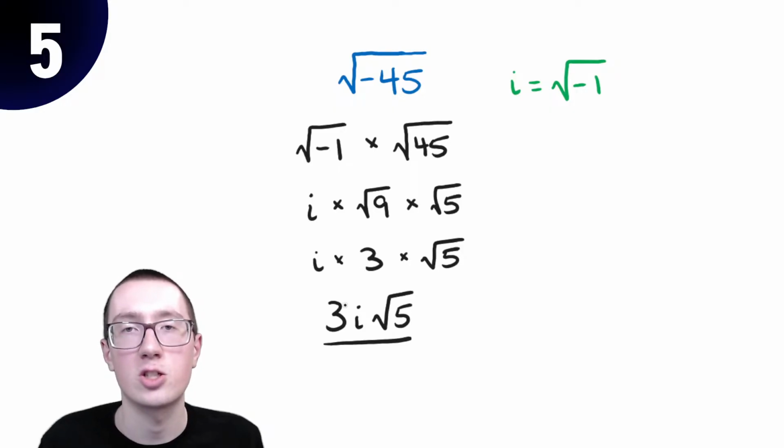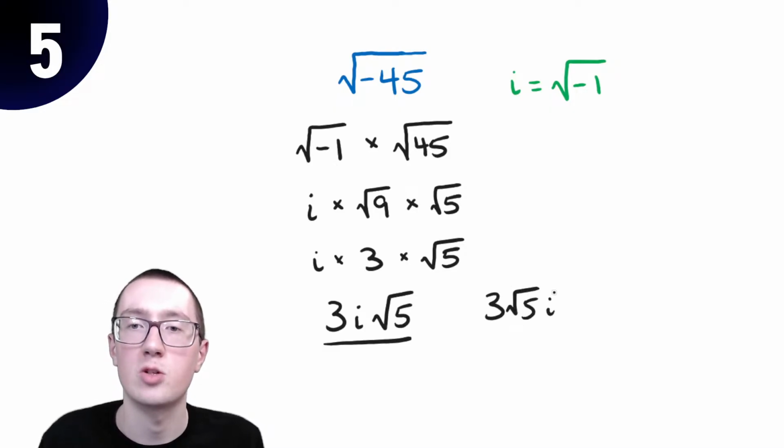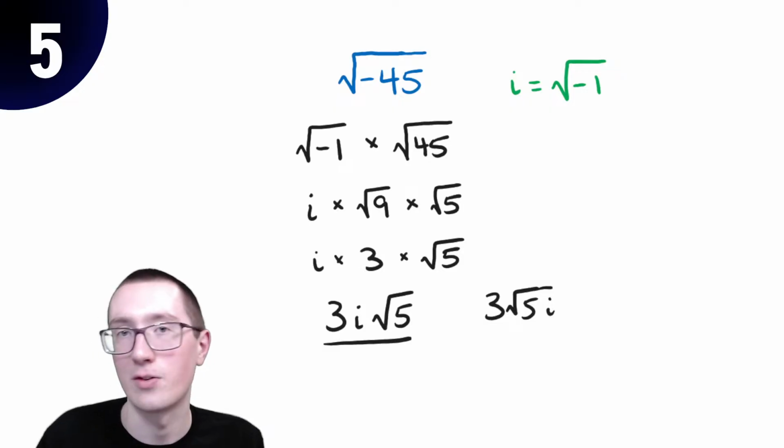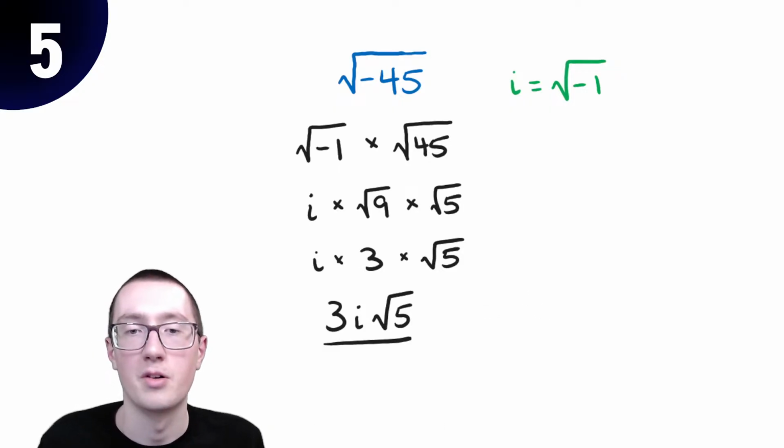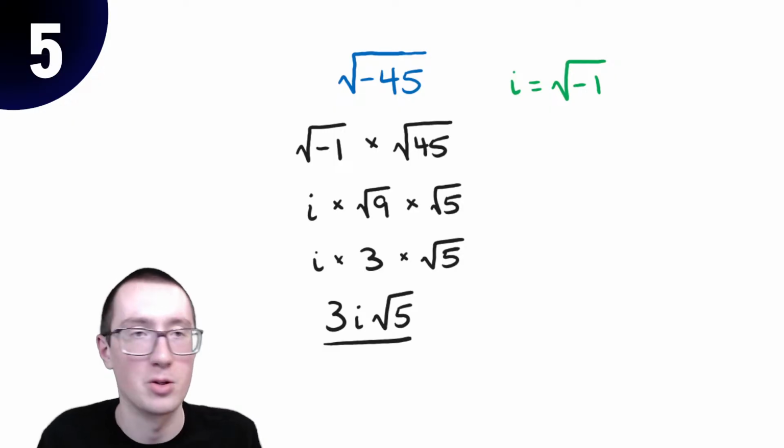This also makes sure that nothing is inside the square root. You could also write 3 square root of 5 i, but you have to make it really clear that the i is not inside of the square root. If you accidentally make the square root line a little too long, now the i is inside the square root, and that's a different answer. This is just how I like to write it, but it doesn't actually matter. Any of those work.